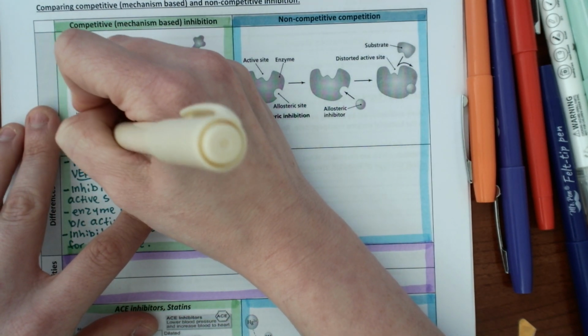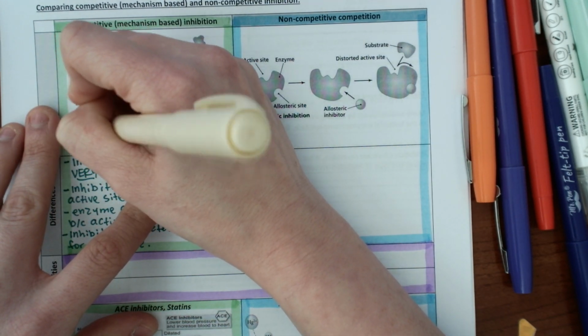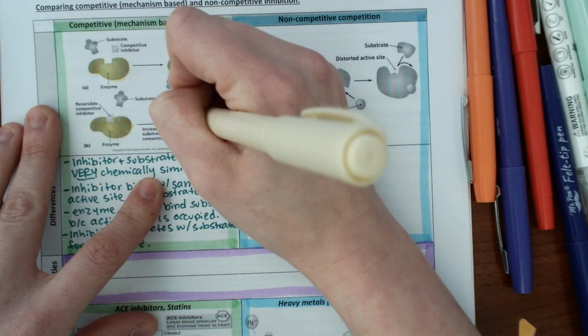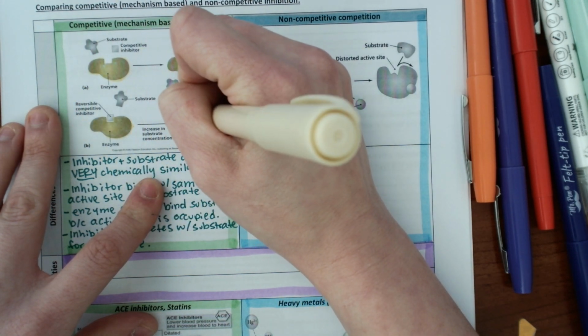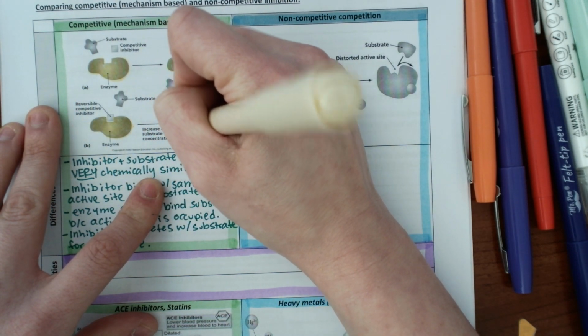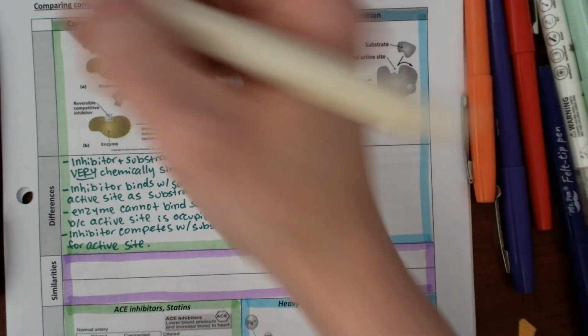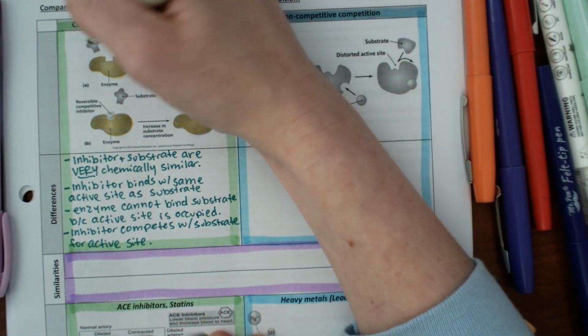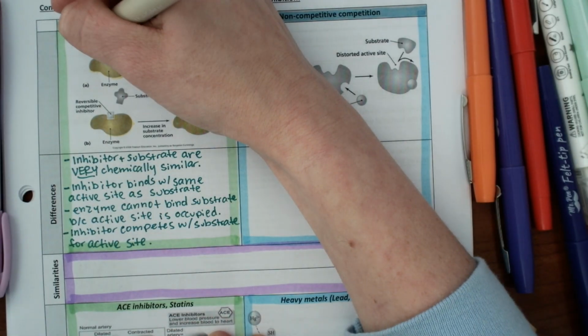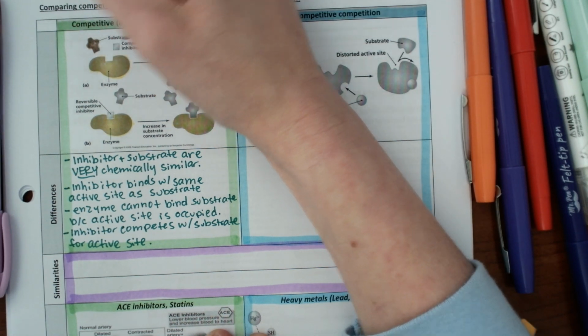And our enzyme yellow here. And so we need, where's the brown? There we go. What are these substrate shapes? Okay, whatever. So we have our substrates.